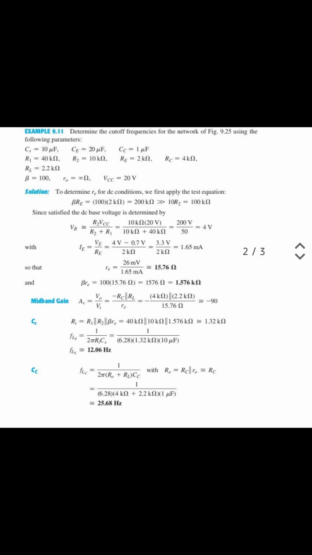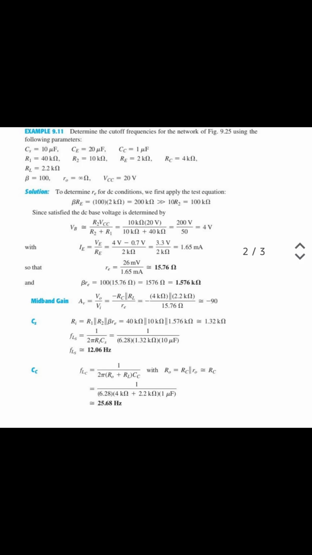Now to the next part, which is to give one example of a BJT amplifier, solving for the cutoff frequencies due to the input, output, and bypass capacitors. With our example 9.11, determine the cutoff frequencies for the network using the following parameters.